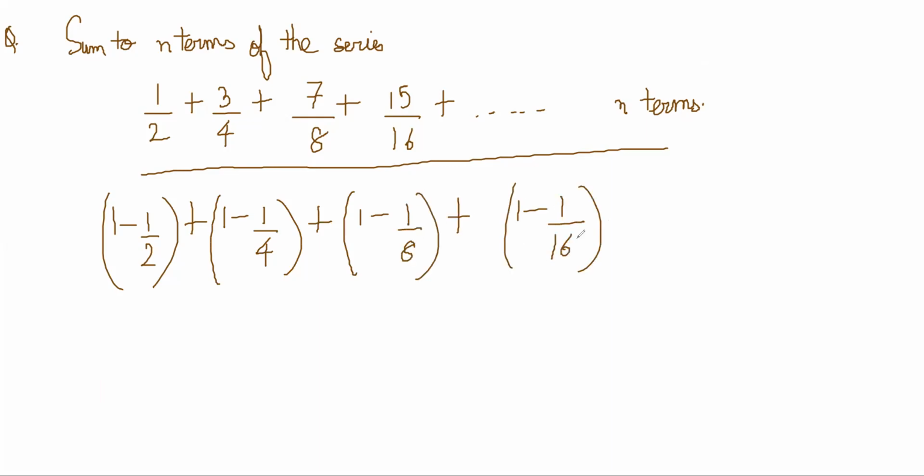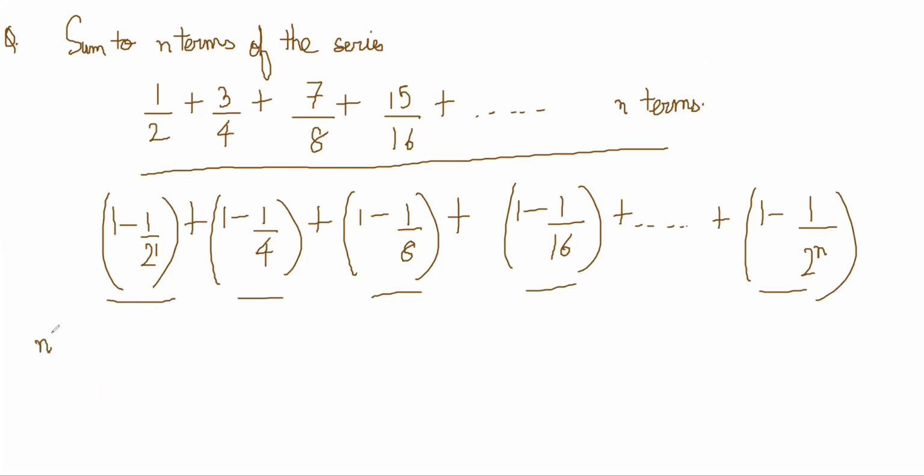The nth one can be written as 1 minus 1 by 2 power n. So this is the series 1 minus 1 by 2 power 1, 2 power 2, 2 power 3, 2 power 4 and so on. If you add up n such terms, n will come, minus, and you have to sum up this.